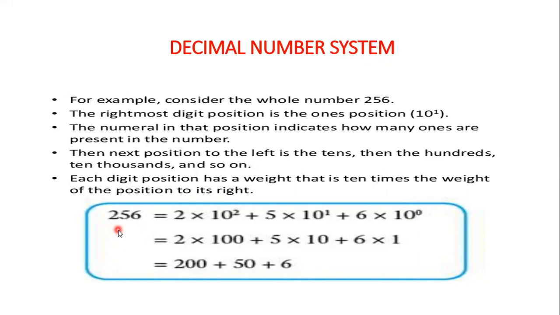Suppose 3,445. So 3,000, 3 into 10 power 3, 400, 4 into 10 power 2, 40, 4 into 10 power 1, 5, 5 into 10 power 0, like that. Okay. So a number whose base is 10 is called a decimal number system.